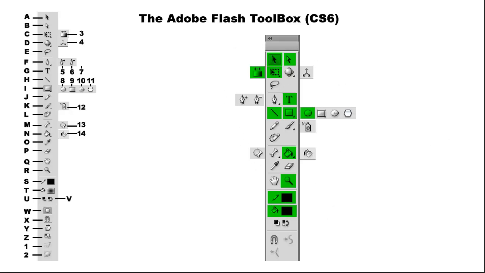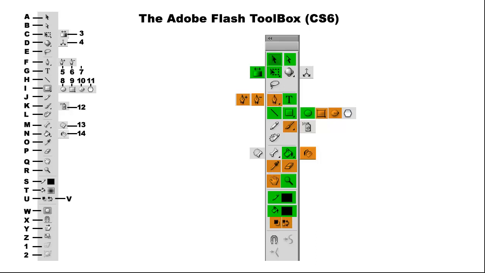There are a few tools that I use occasionally. There's a pen tool, and there are ways to delete and add points to an object. So add anchor points, delete anchor points in the pen tool. I don't use the pen tool that much.